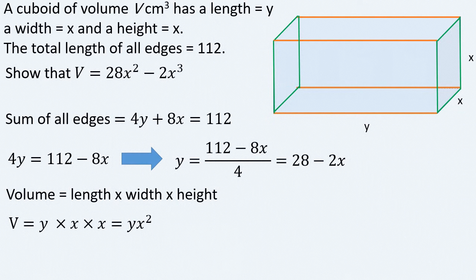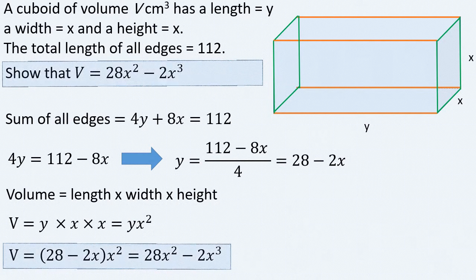However, as we know, y is equal to 28 minus 2x, so if we substitute this value of y into the equation of the volume, we will end up with V equals 28 minus 2x multiplied by x squared, or V equals 28x squared minus 2x cubed, which was what we were required to prove.